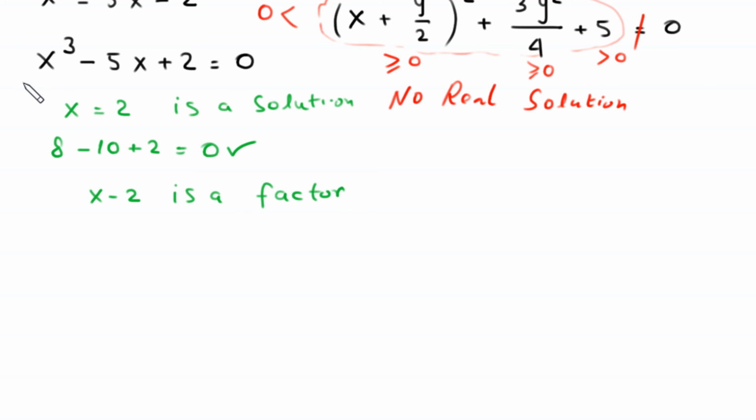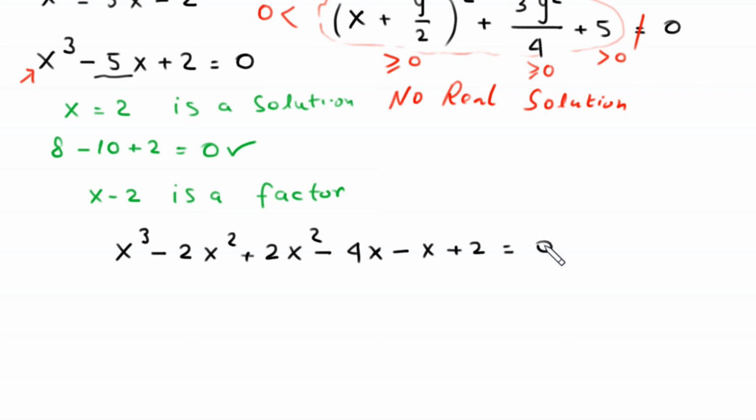So we rewrite this equation as x cubed, we subtract 2x squared and we add 2x squared. We write this negative 5x as negative 4x minus x, plus this 2 equal to 0.